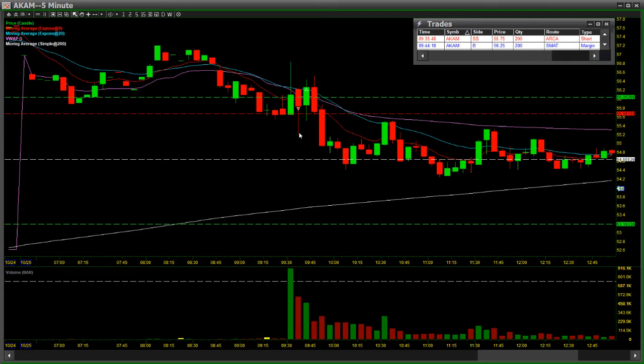Then all of a sudden, it gets bought back up. This candle opens, and we started to sell off again. So I'm feeling okay, but I don't really like the choppiness of the price action. So I was feeling good initially, but then the price action caused me a little bit of concern.